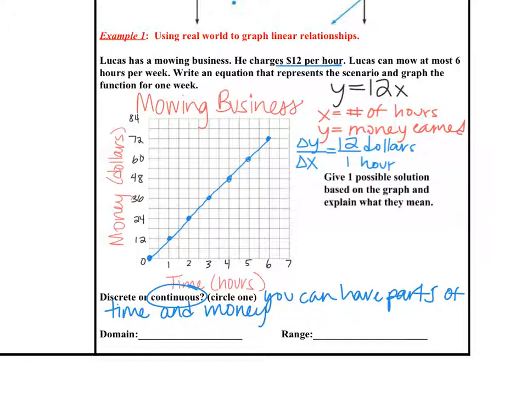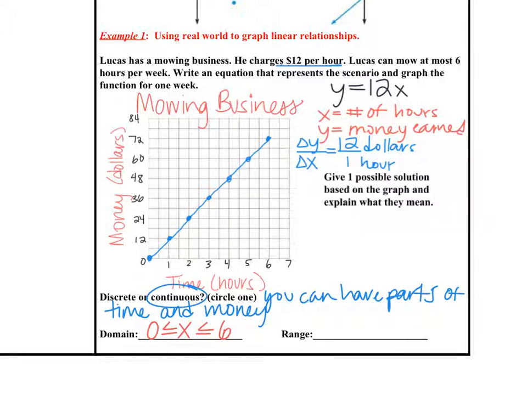Domain is the x values from left to right. My x values from left to right, they start at 0. And then Hannah, going to the right, where do they stop for my x values? 6. So my domain should be from 0 to 6. It's continuous, so use inequalities.